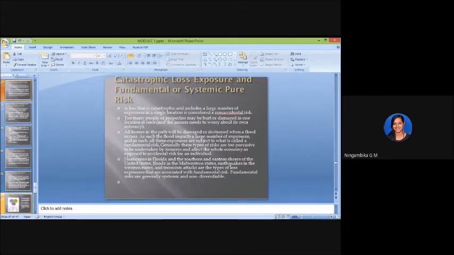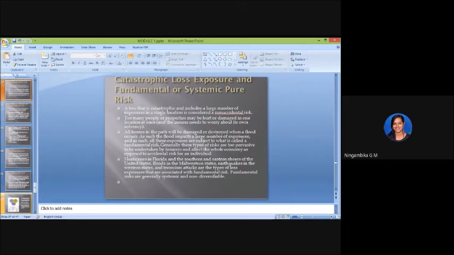Too many people or properties may be hurt or damaged in one location at once. So the company is responsible for the other three buildings' loss also. That is why the insurer needs to worry about its own solvency, because if something goes wrong in the future, the company will be liable to pay for the other three buildings' losses. That we call catastrophic losses.